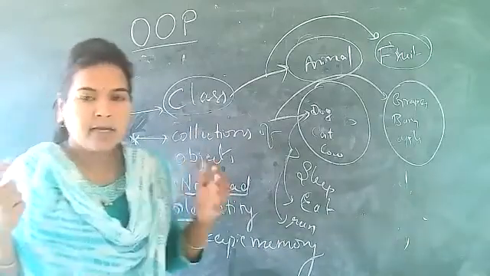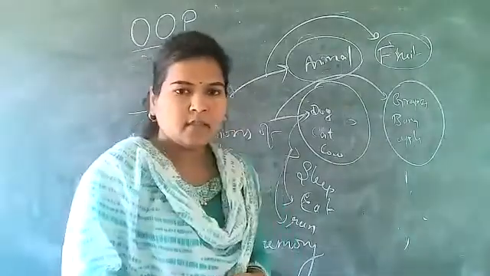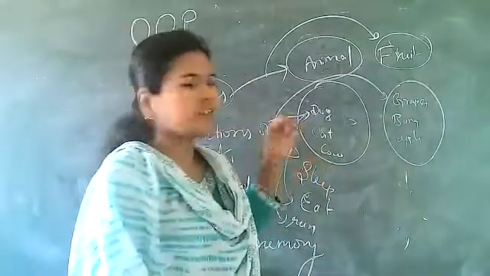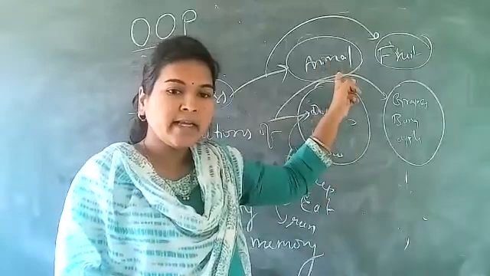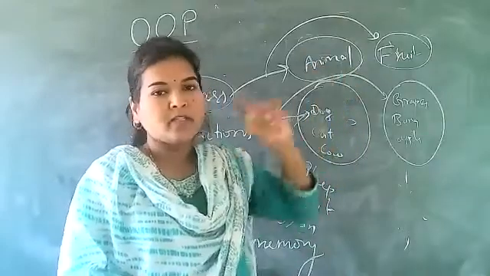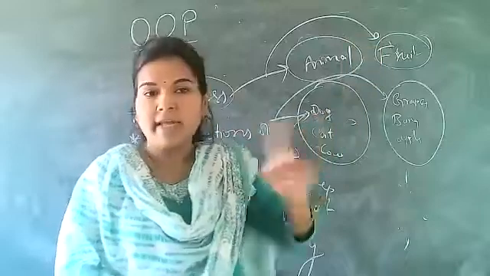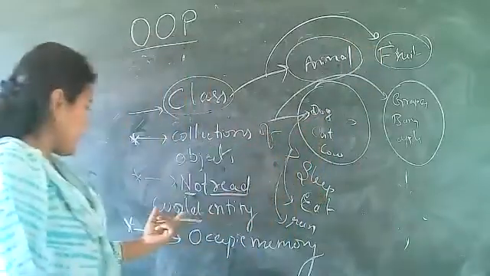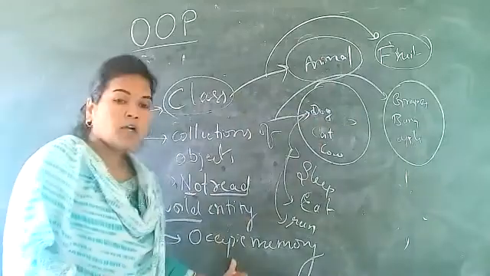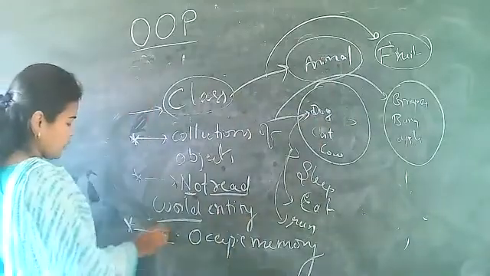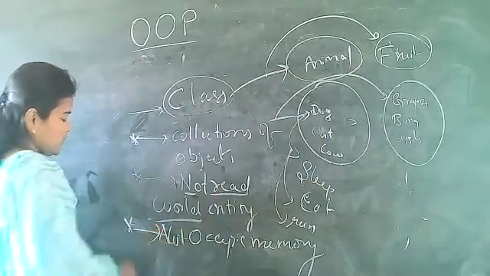Why? Does an animal physically exist? No. Why? It is a collection of objects. So really, in the real world, animal does not exist. Fruit does not exist. So it is not a real world entity. And the next thing is it will not occupy the memory. Keep it in mind.